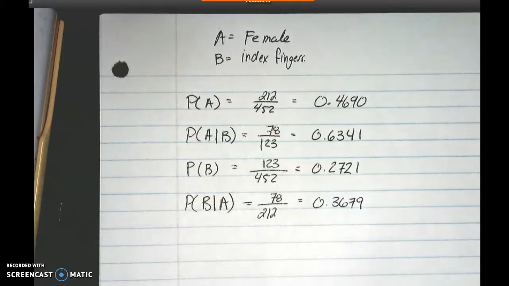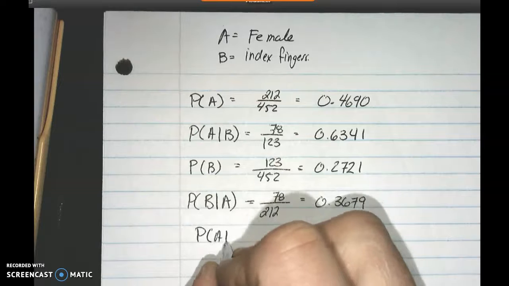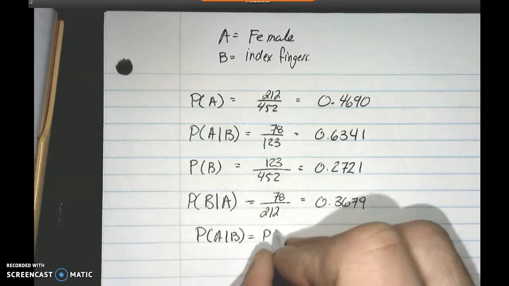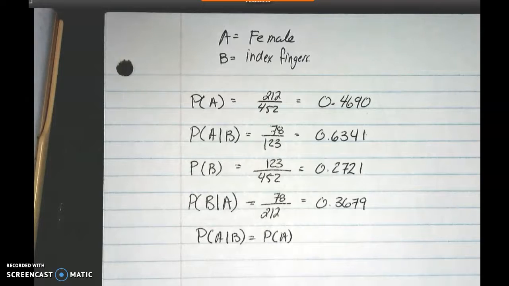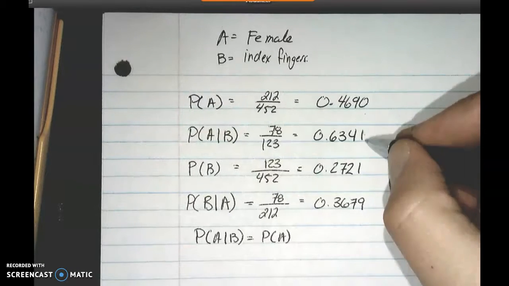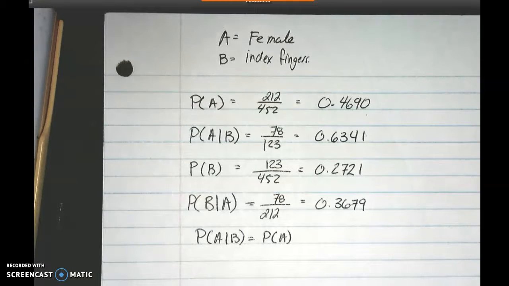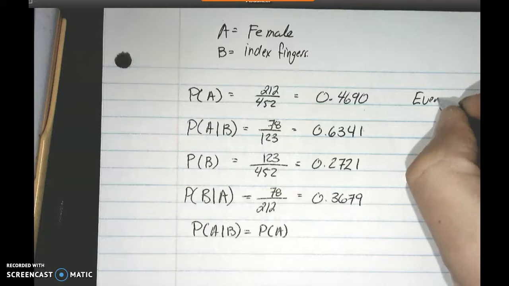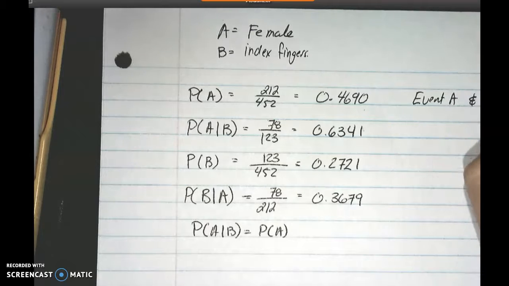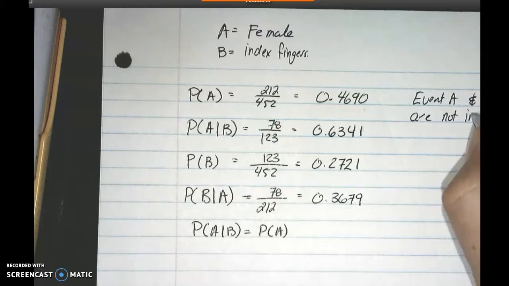Okay, so when I say for independence, I need to know, does my probability of A given B equal the probability of A? Are these two numbers the same? No, so therefore they are not independent. Okay, so events A and B are not independent.